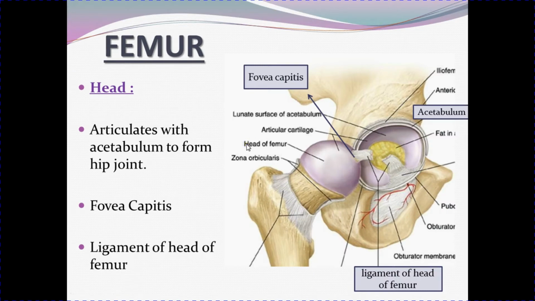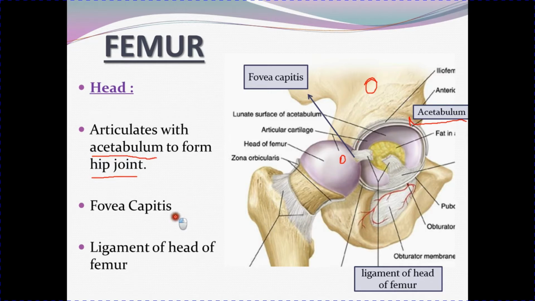The head of the femur articulates with the acetabulum of the hip bone to form the hip joint. I'm repeating, the head articulates with the acetabulum to form the hip joint.